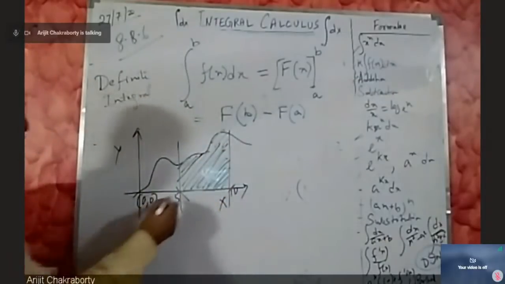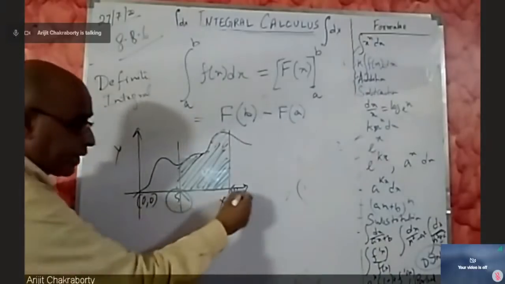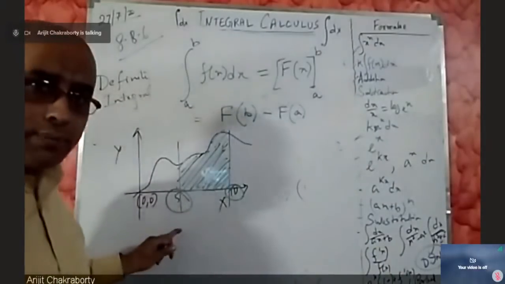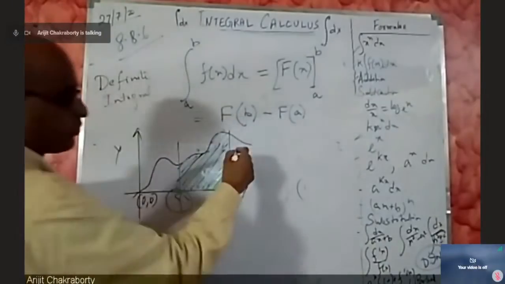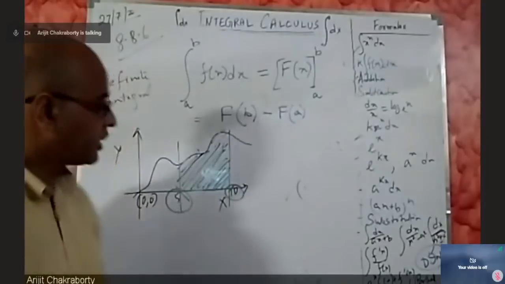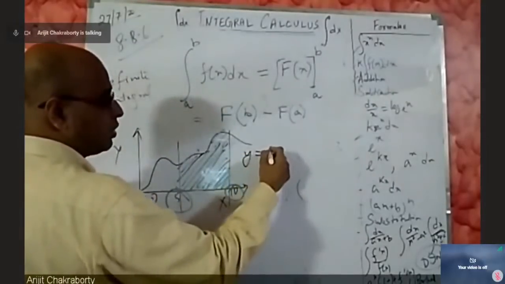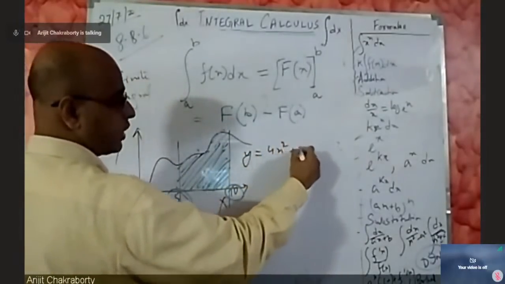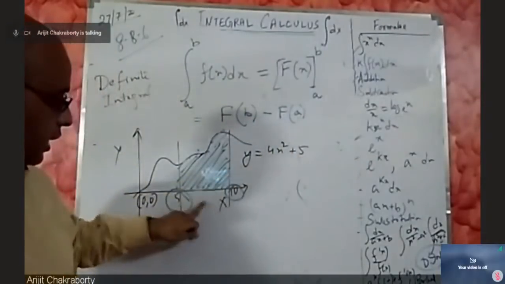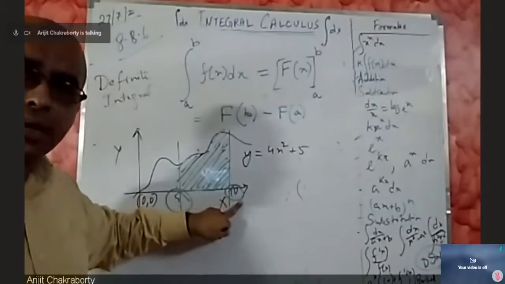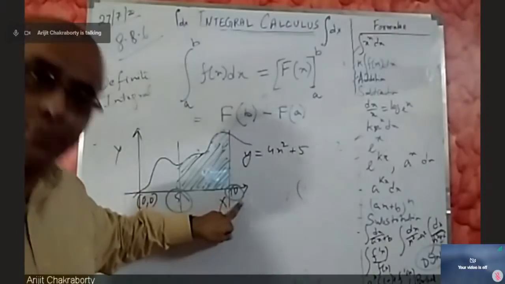So that means here 5 is the lower limit and 10 is the upper limit. Say the equation of the curve is y equal to 4x square plus 5. In this case, lower limit is 5, upper limit is 10. This is called definite integral.